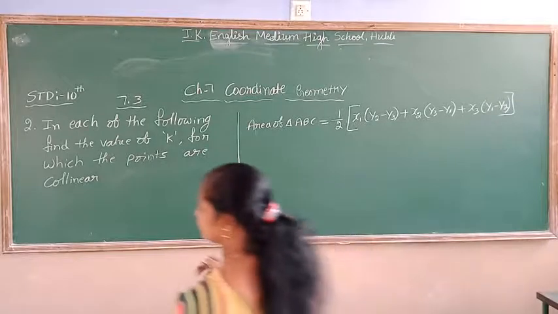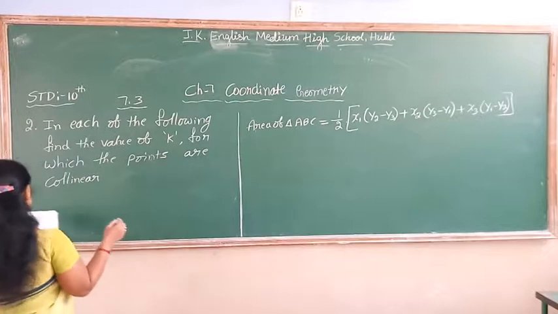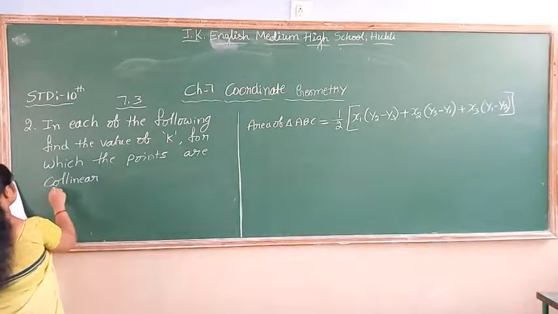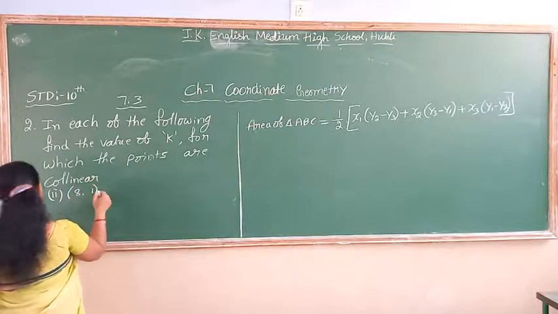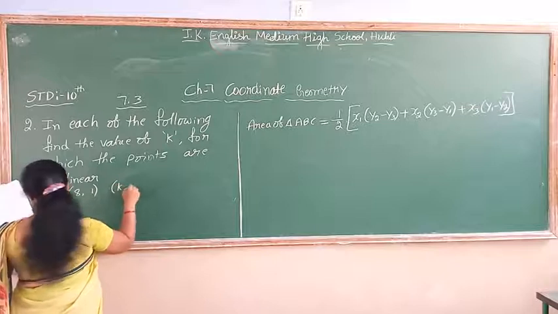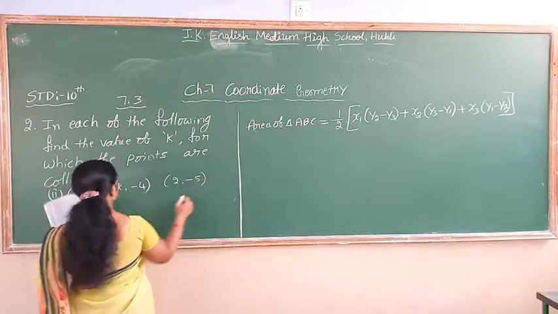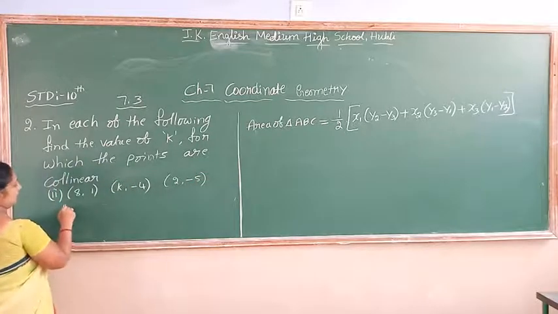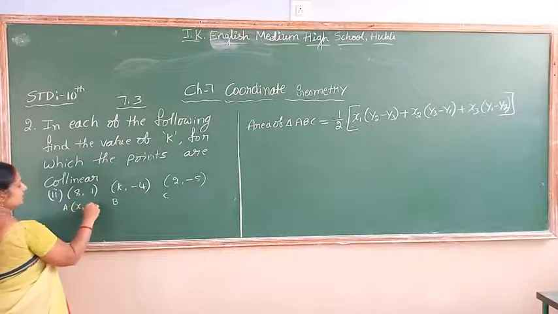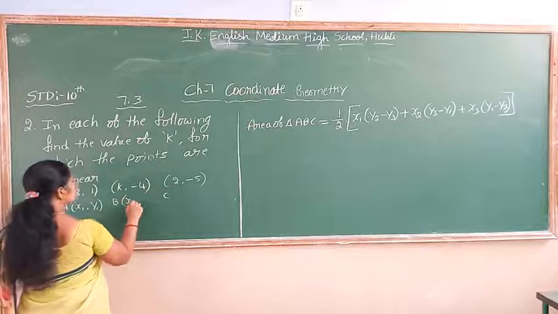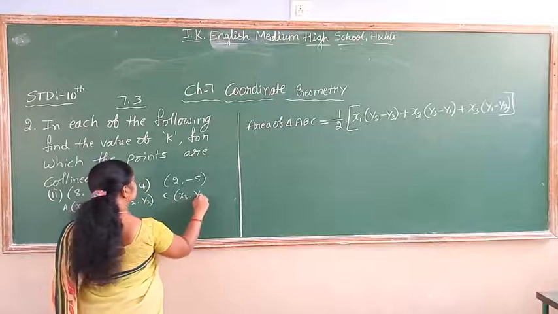Children, now we have the second question. So 2 questions are there in this exercise. The second question is: the vertices' coordinates are (8, 1), (k, -4), (2, -5). Here let these 3 points be A, B, C. The coordinates will be x1, y1, x2, y2, x3, y3.